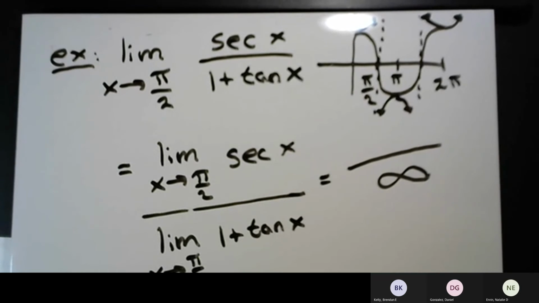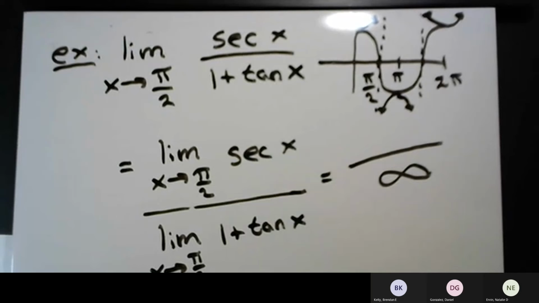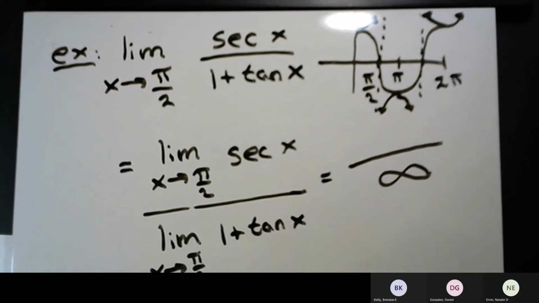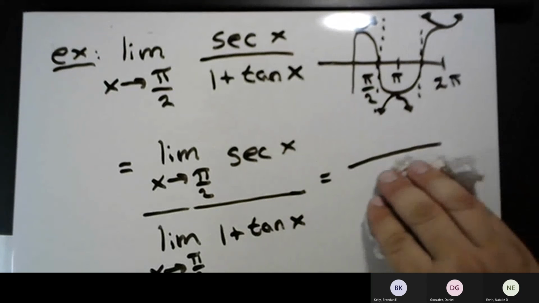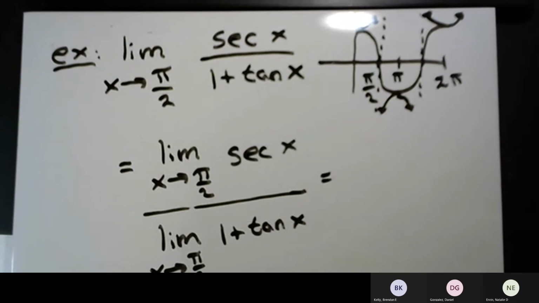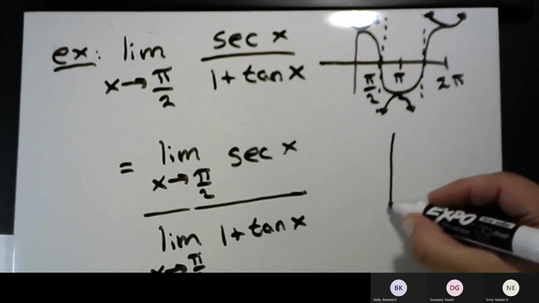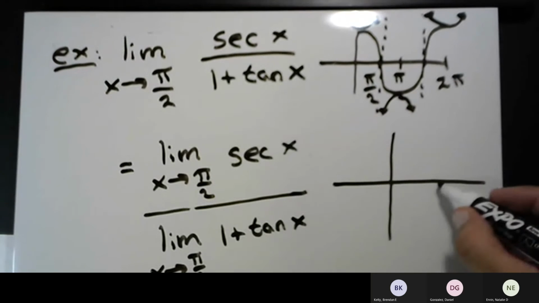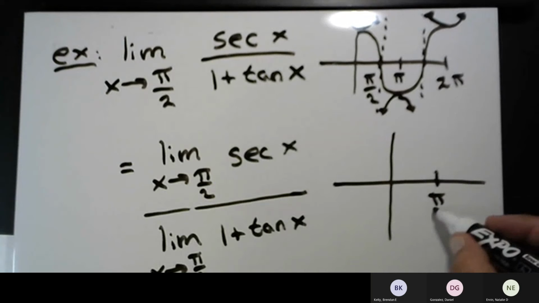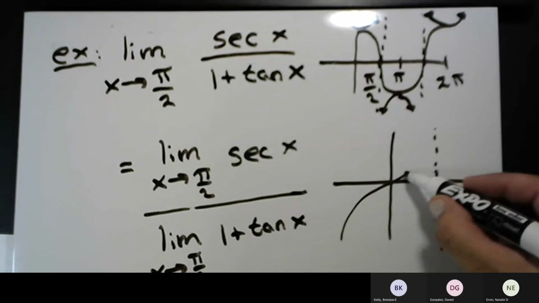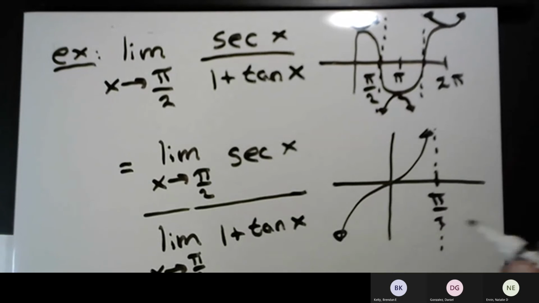Let's see, there's a little problem with this one. The double-sided limit's not going to exist. So we're going to settle. And let's take a look at tangent. Let's double check these. So for tangent, we're going to have something like this.